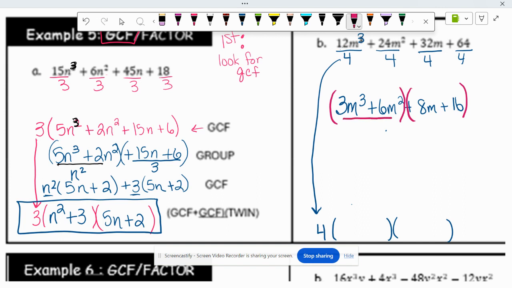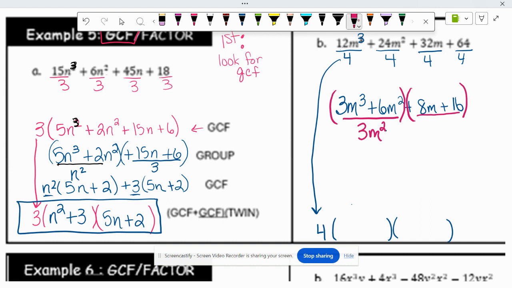So looking at my first binomial, 3m cubed plus 6m squared, what can I take out of that? Well, 3 and 6 are both divisible by 3. And what's my smallest power of m? M squared. What about my second grouping? Positive 8m and positive 16.